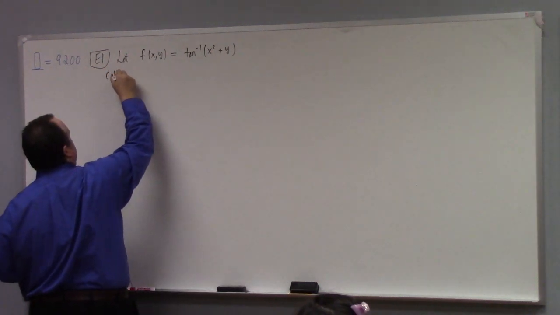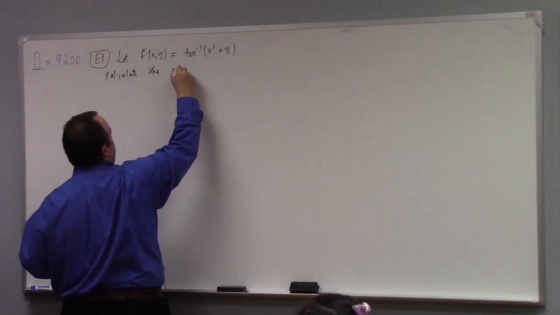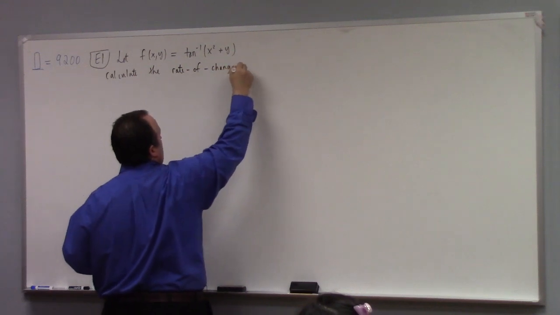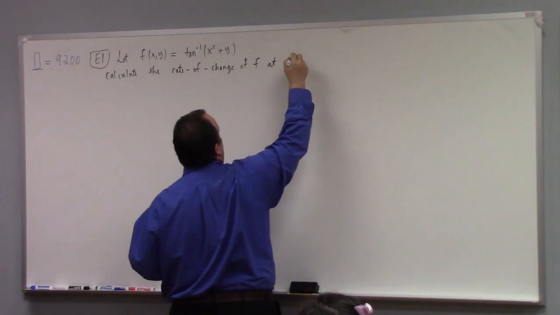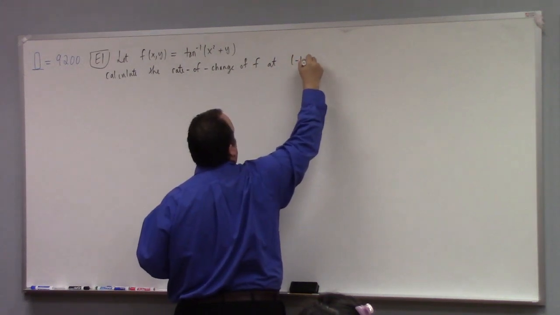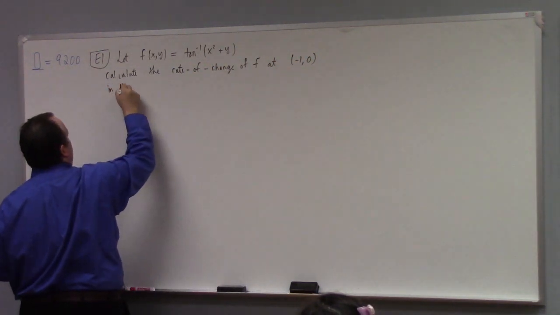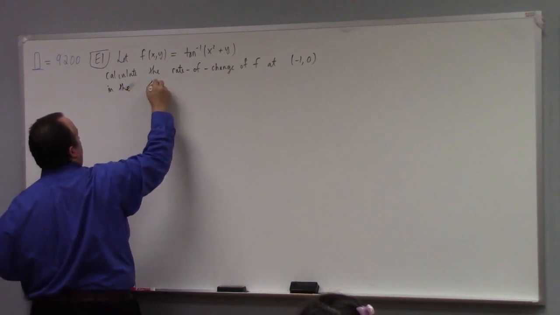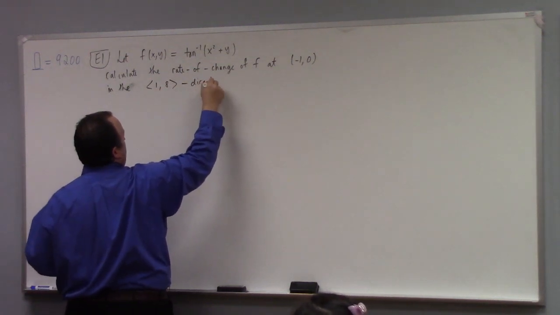Let's calculate the rate of change of f at the point, let's say, (-1, 0), in the, let's say, (1, 8) direction. So we'll get started with that.